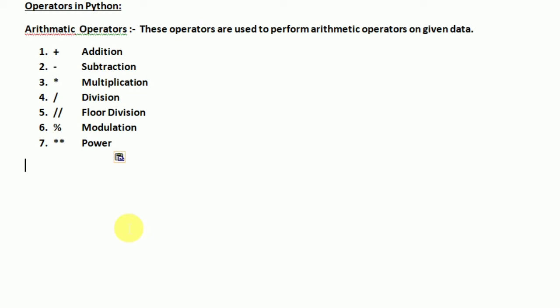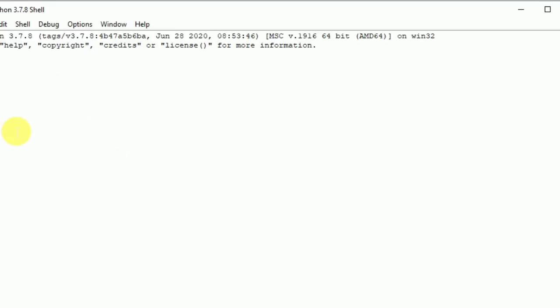So let's take an example in a real environment. This is the real environment, and we use different operators here, like 10 plus 20, we got the resultant value 30. Here we are using the plus operator.